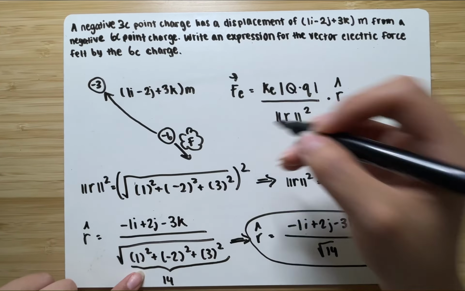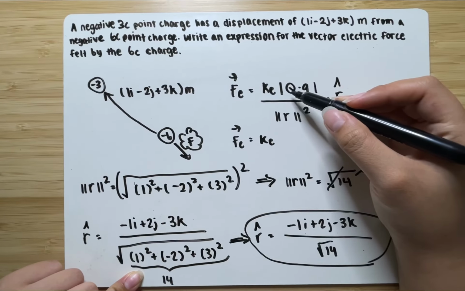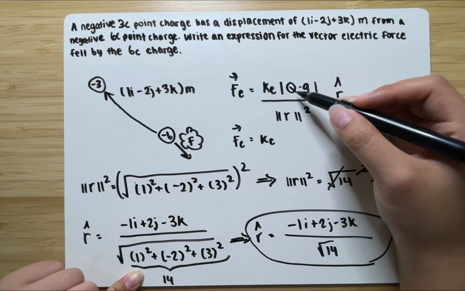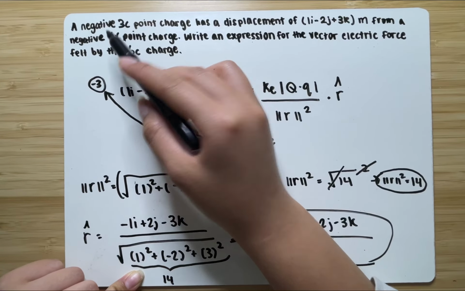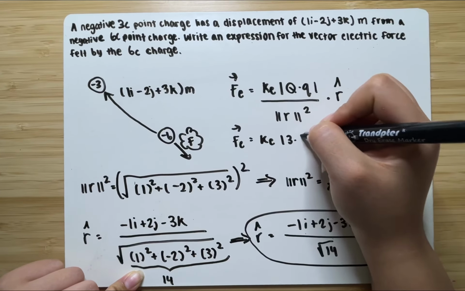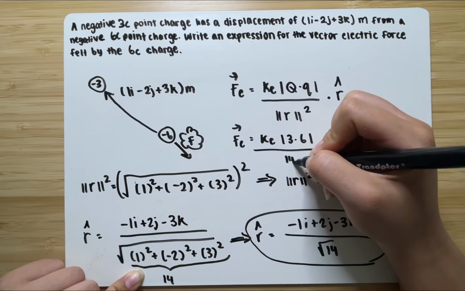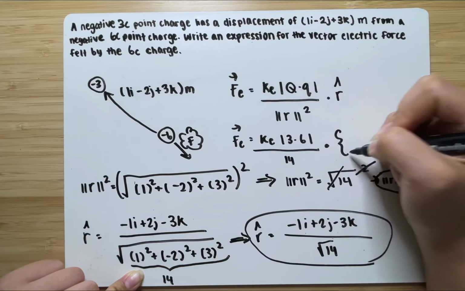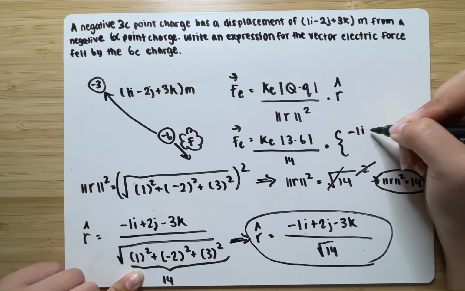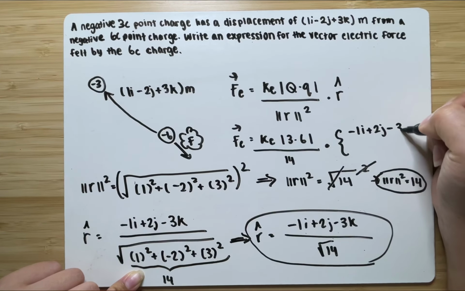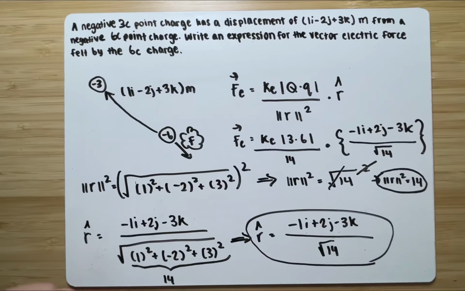We know that F sub e is equal to Coulomb's constant, big Q and little q multiplied with each other, which means we have 3 multiplied by 6. Let me just write it out so you don't get confused, over magnitude squared, which is 14, multiplied by this unit vector, negative 1i plus 2j minus 3k over root of 14.